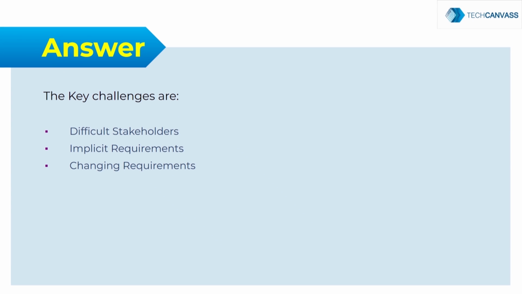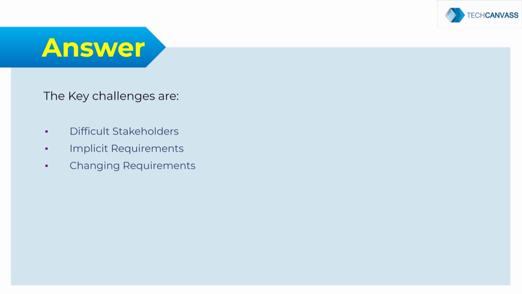Stakeholders could be very difficult, negative, or resistant to change. To manage these stakeholders, the best way is to first find out the reason for that particular behavior and then create a stakeholder engagement and management strategy for each of these stakeholders. Because as I mentioned earlier, each of these stakeholders are different.